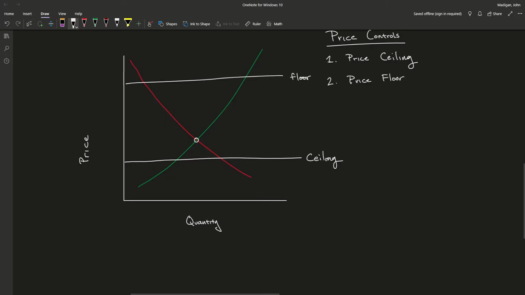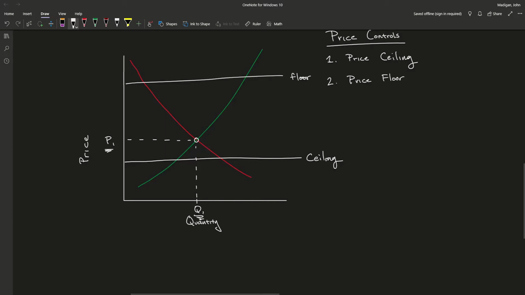So we got market equilibrium, right, good old right there, with, let's say, this is quantity 1, price 1, just as a little variable there. So just any random price, any random quantity.